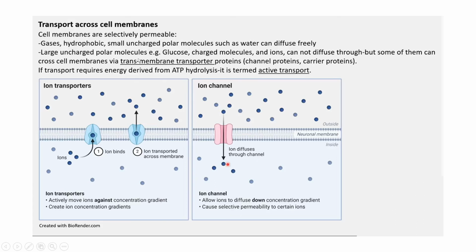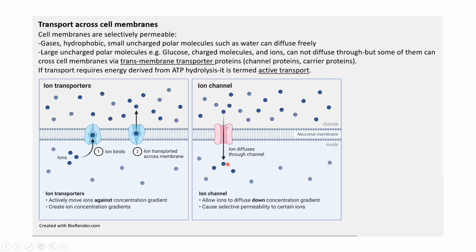But large polar molecules such as glucose or any other large polar molecules, and charged molecules and ions, irrespective of the size, cannot diffuse freely across the plasma membrane, but require specific transport protein on the plasma membrane. So here we talk about the role of the transport protein.